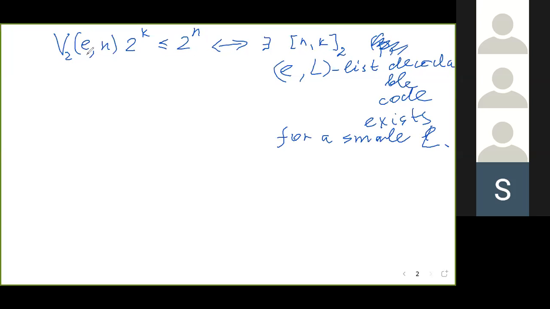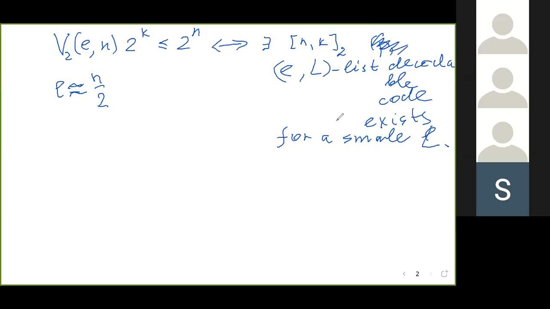Now we are interested in the case where the number of errors is close to n over 2. And you see that for such a large E, the volume of the ball is already close to 2 to the n. So 2 to the k for the Hadamard code is close to 1.